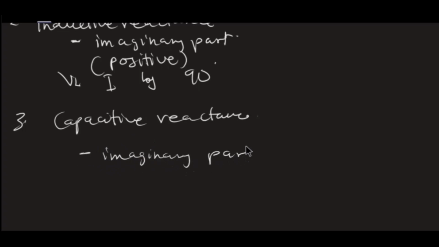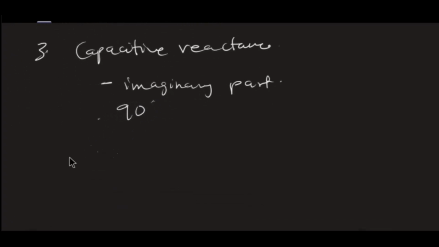When we say a pure imaginary number, it means that it doesn't have a real part. Likewise the inductive reactance, the only difference is that we make it negative. It's negative because the current is leading the voltage, or rather the voltage lags behind the current by 90 degrees. So that is how we represent our AC circuit.